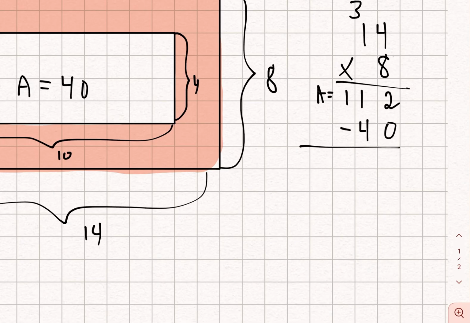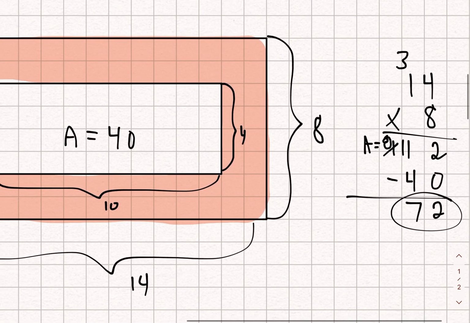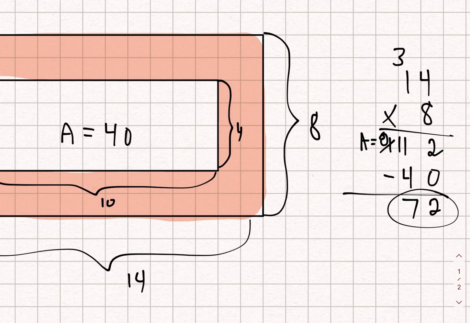Let's see, well, 2 minus 0, that's 2. Got to exchange here. 11 minus 4, that's 7. And here I turned that 1 into a 0 up here, so that's nothing. So the area of this orange color here would be 72. Give this some practice on your own. Let us know if you have any questions, and good luck with your work.